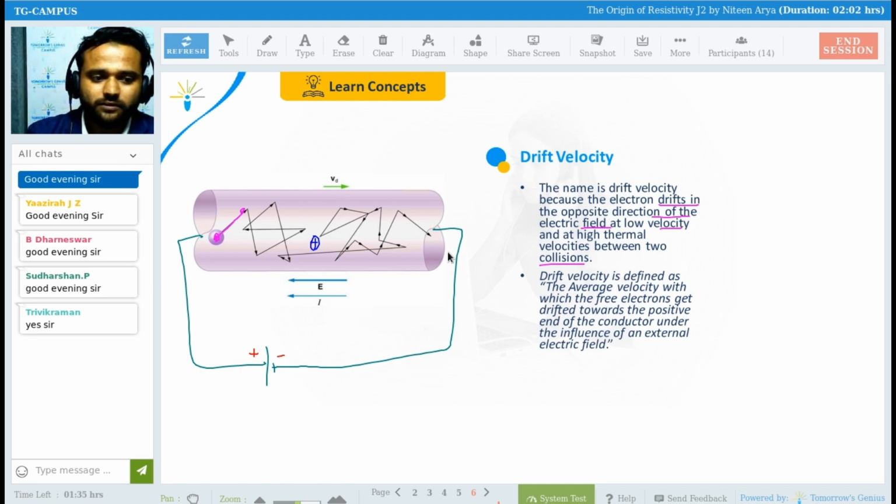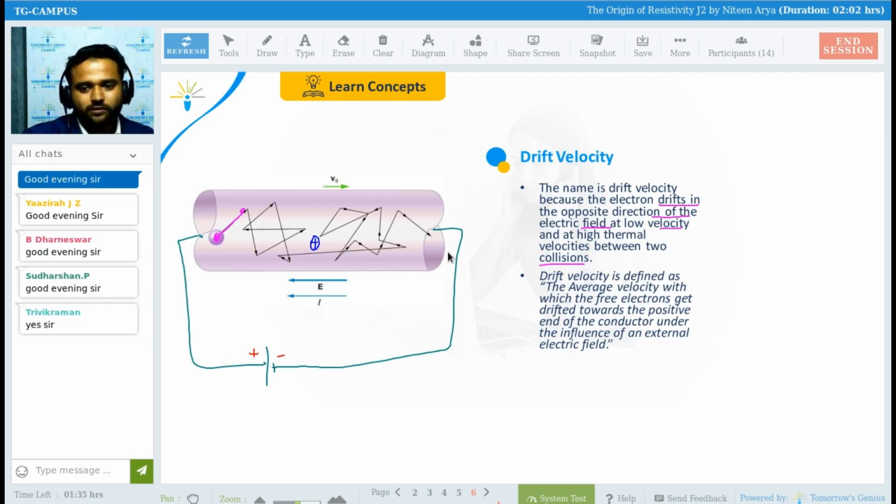So the first thing is clear: there are collisions, and there is drift velocity due to this positive-negative field also. If we don't apply the battery, we still have a thermal velocity. Is this clear, everyone? If any viva question or theory question arises like this, do we have drift velocity in the absence of the potential? Yes, we have. Clear, everyone?